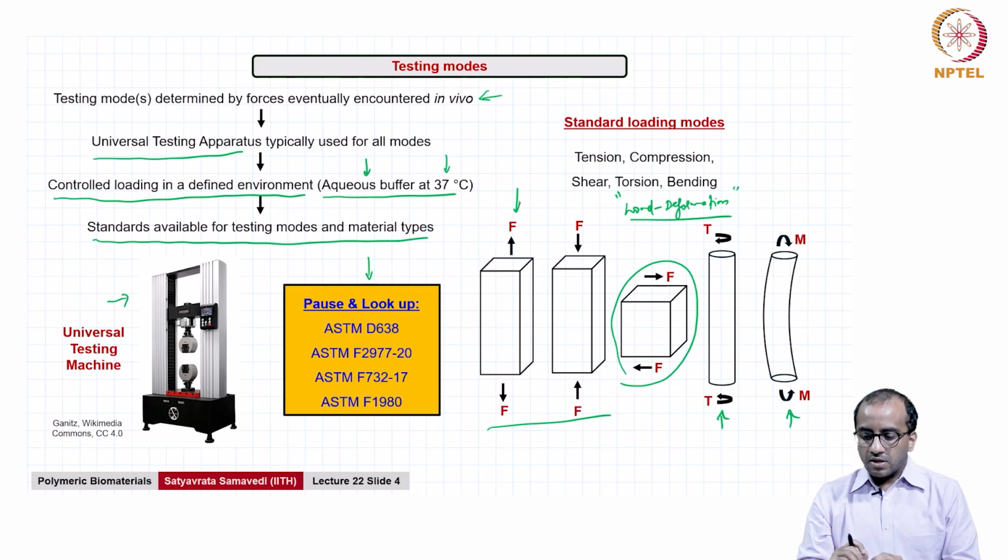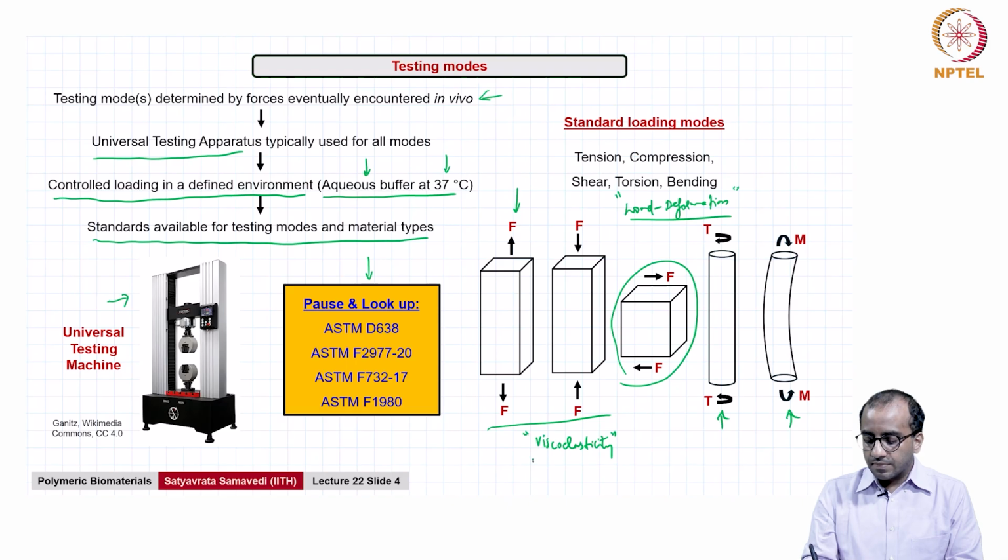Now, there is one more important aspect to be noted here, because we are dealing with polymeric biomaterials. These polymers also can exhibit something called viscoelasticity. Now, this is a topic we will look at in a dedicated lecture slightly later, but this is something that you have to keep in mind, where now time becomes important, because there is a viscous component here.